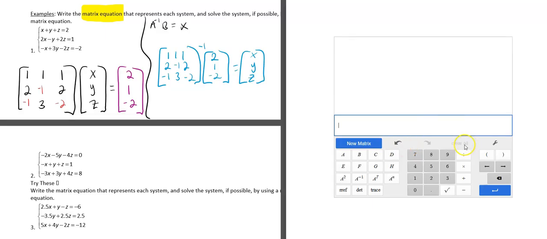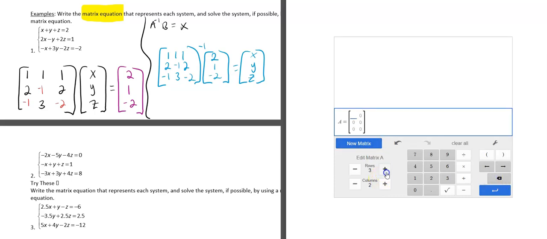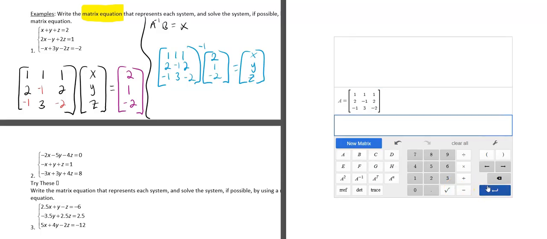And so I'm going to come back over here. I'm going to clear this out, clear all, because I want to make a new A. So new matrix. And this is a 3 by 3. So I got 1, 1, 1, 2, -1, 2. And guys, all that is a subtraction symbol. That's all that is, okay? -1, 3, and -2. All right, there's matrix A. Put that in.